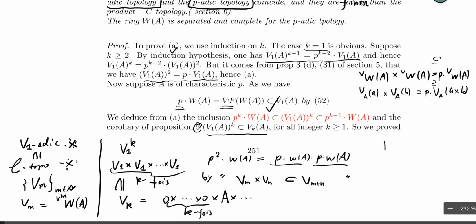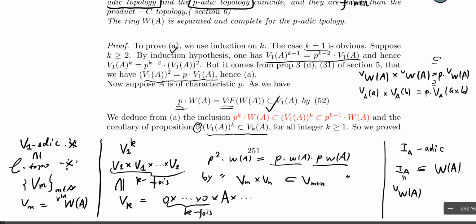And if you have ever read something about display, there he used the language IR-adic. In our text it should be called IA-adic, where IA is the ideal of WA. We see IA-adic means the V1-adic.